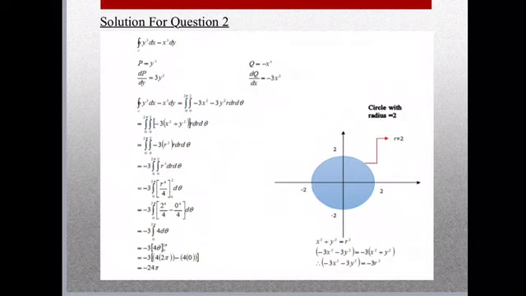After that, we integrate with respect to theta, which will give us 4 pi with the limit of 0 to 2 pi, and then substitute the limits into the equation, and lastly we get negative 24 pi as the final answer.